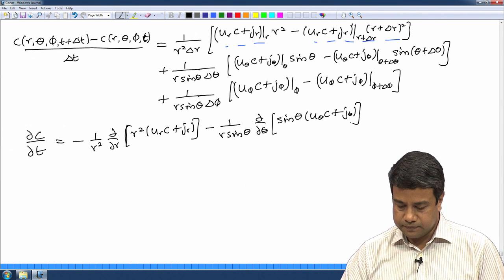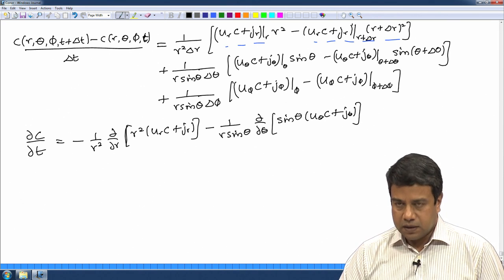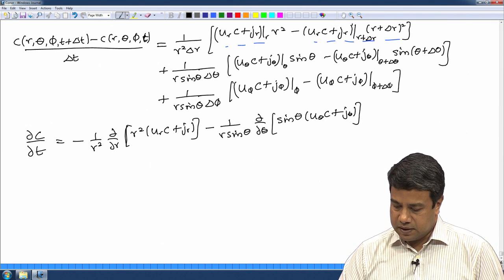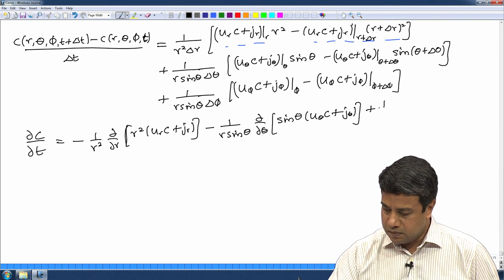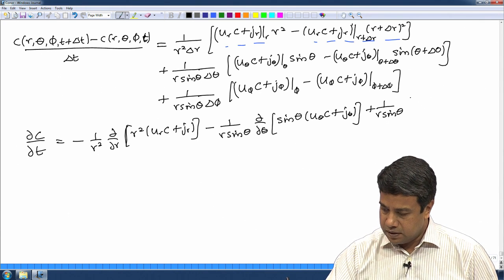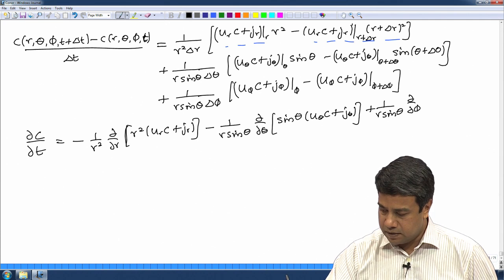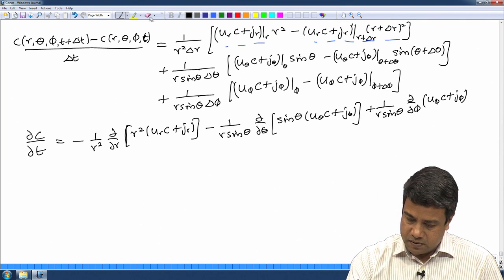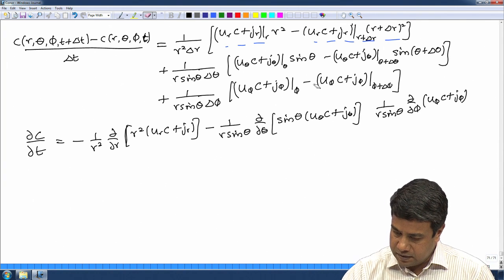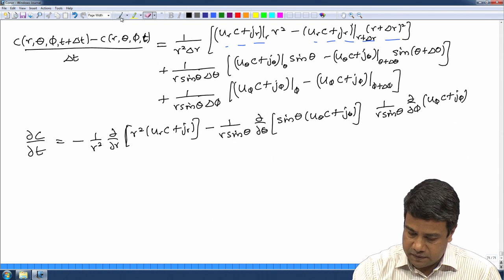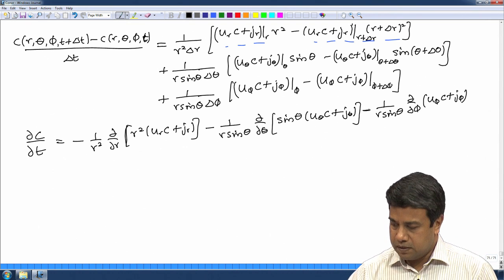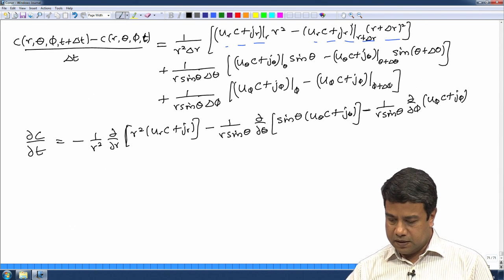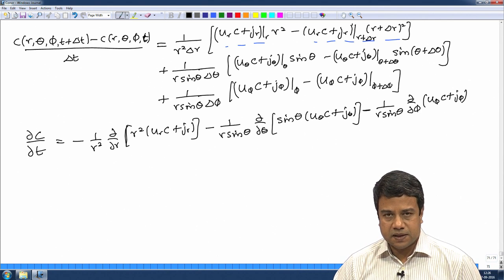And the last term I have plus 1 over r sin theta, partial by partial phi of u phi c plus j phi. This should also be with a negative sign. So, these are the three terms that I get.